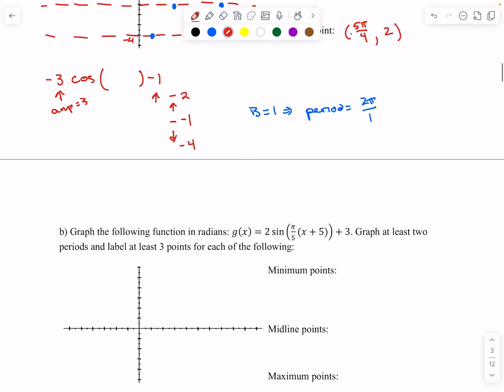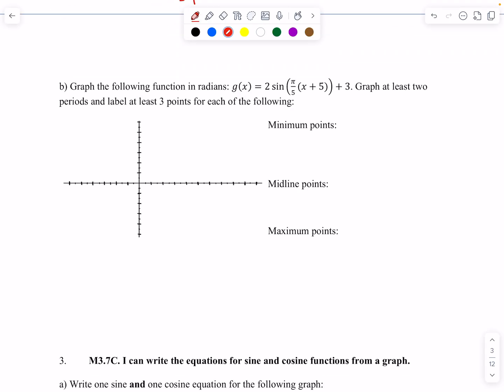Next, let's look at this one. At least 3 points for this. Okay, so I want to figure out, this is a positive sine, so in the middle, going up at left 5.